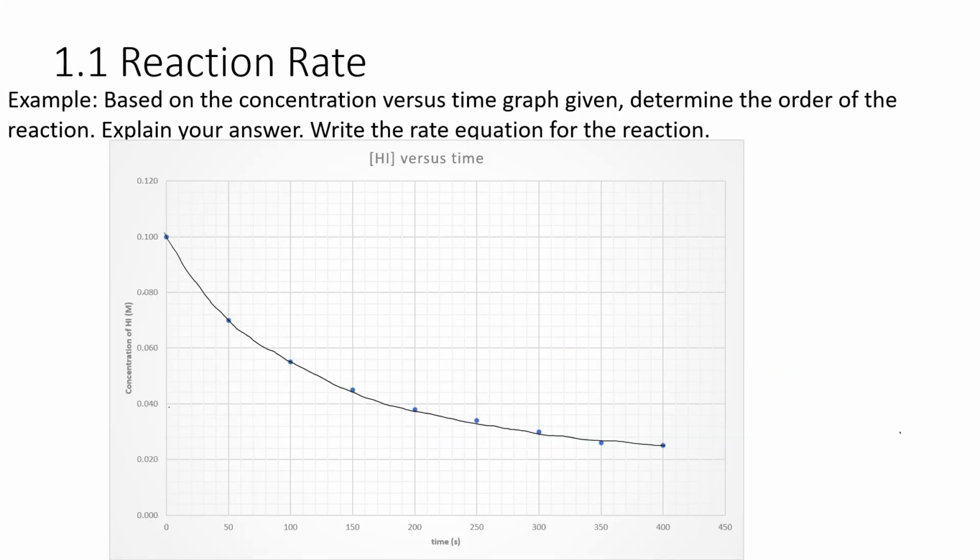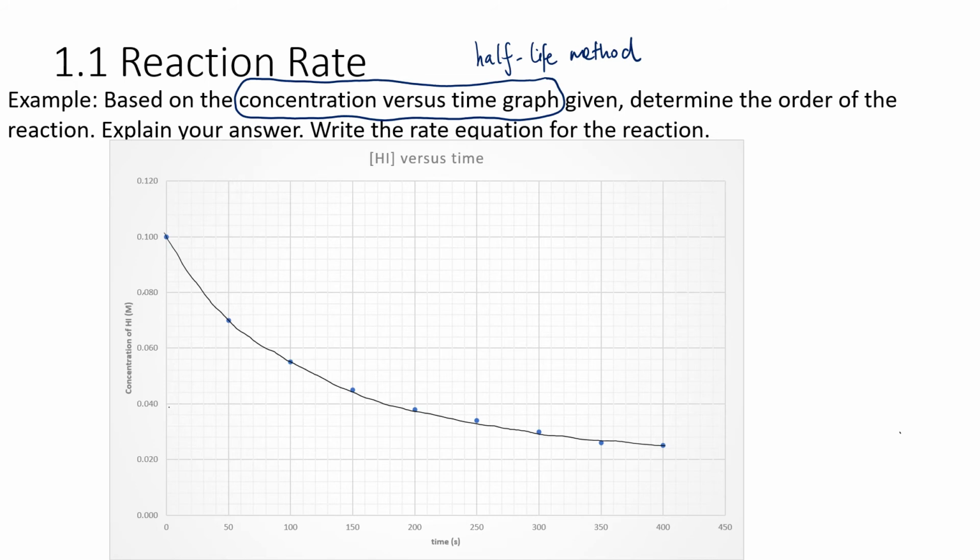Now we move on to look at an example of how to use the half-life to determine the order of reaction. If you have been given a concentration versus time graph, you must know that it implies you must use the half-life method to determine the order of a reaction.